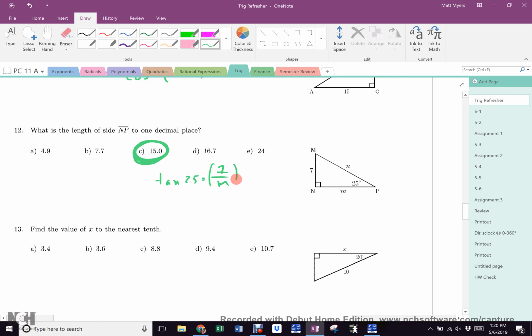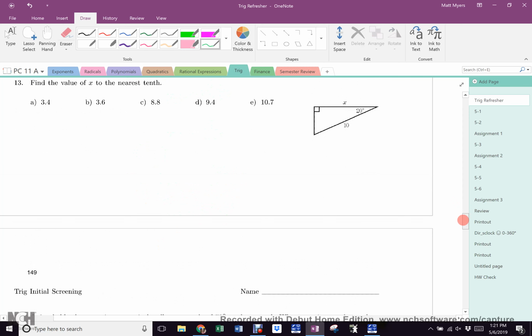You would multiply both sides by M, cancel, cancel. Now I have M tan 25 equals 7. Now what do I got to do with tan 25? Divide by, not 7, I want M isolated. Divide by tan 25, cancel, cancel. Now I have M equals 7 over tan 25. And the shortcut, you of course remember, is they just switch places.